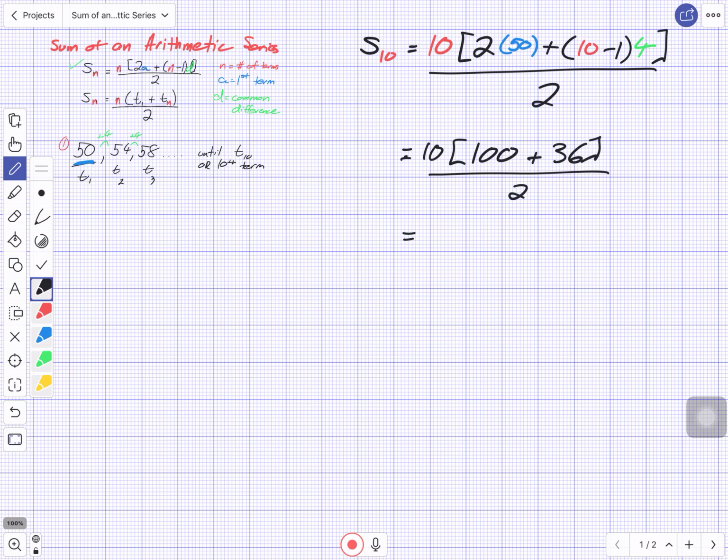Times 10. 136 with 2 zeros? No, it's multiplied by 10, so one zero. Yes, 1 0. Good. Perfect. Or 1360, okay? And then if we divide it by 2, I'll do this really quickly, it is going to be a 6, an 8, and a 0. So 680. So the sum of this series is 680.